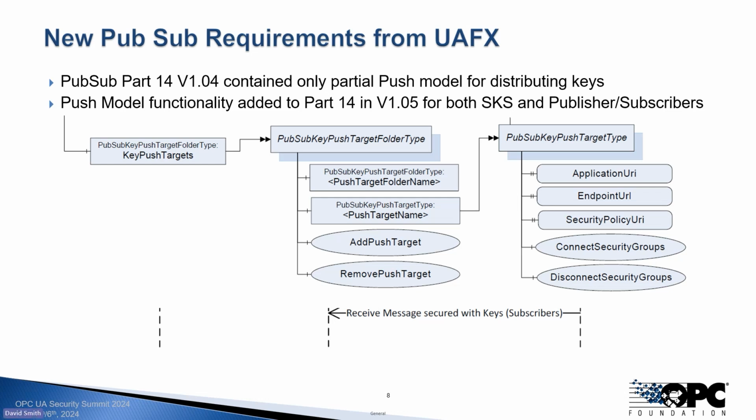So this now allows the security key service to be aware of everything it needs to know to manage and update keys for a PubSub connection. Also includes other mechanisms like rotate keys and invalidate keys for the full management.